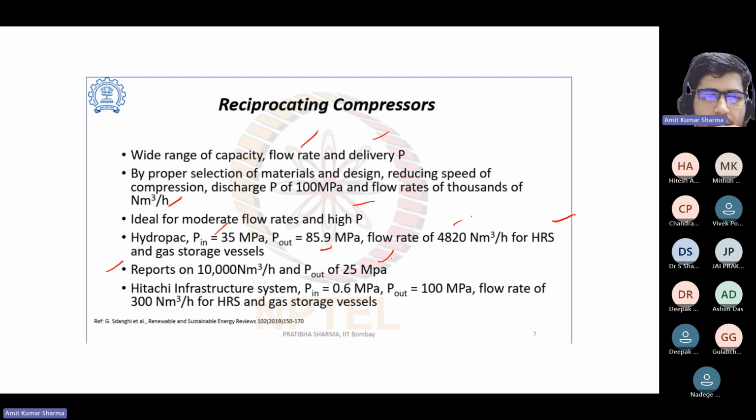Then Hitachi is working with input 0.6, output 100 megapascal, and flow rate 300 normal meter cube per hour for HRS and gas storage vessels. You can see the change in pressure is large and the flow rate is very high.